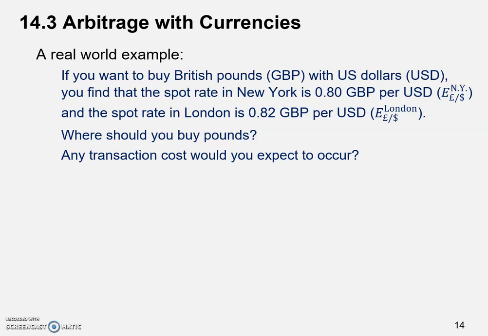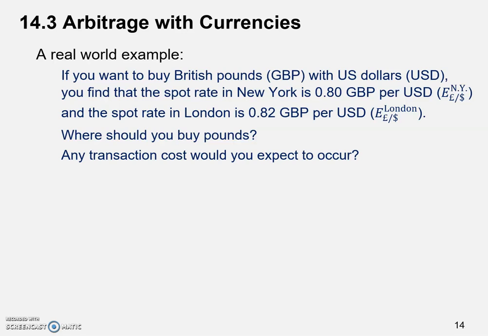Once you've done that, you get the 82 pence in London, and then you have to wire these 82 pence back to New York so that it will be in your account.